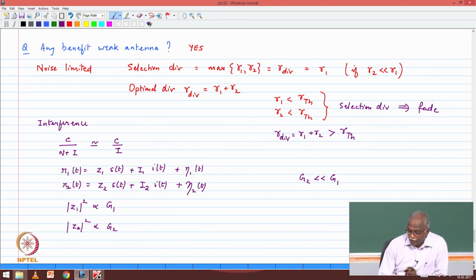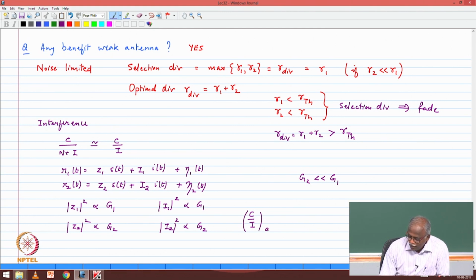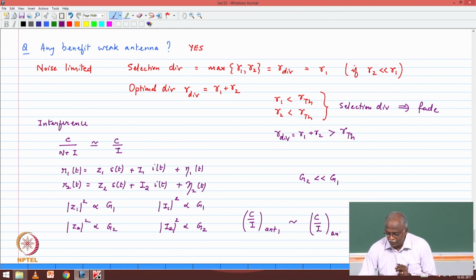The scenario we are looking at is that the interfering signal also went through the same gain antenna. So magnitude I1 squared is also proportional to G1, and I2 squared is also proportional to G2, which means the carrier to interference ratio of antenna 1 is almost the same as the carrier to interference ratio of antenna 2.